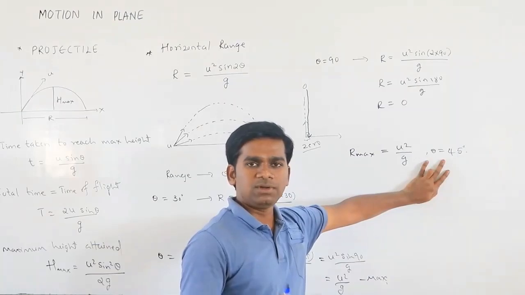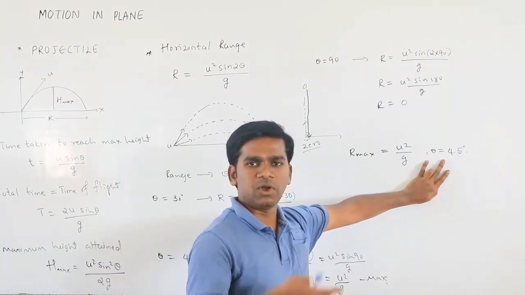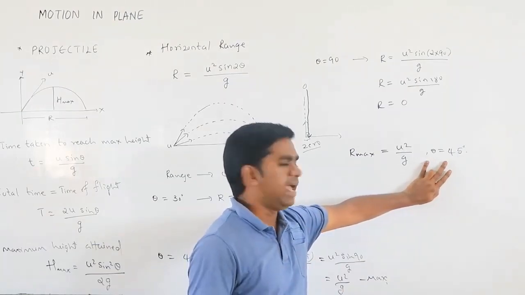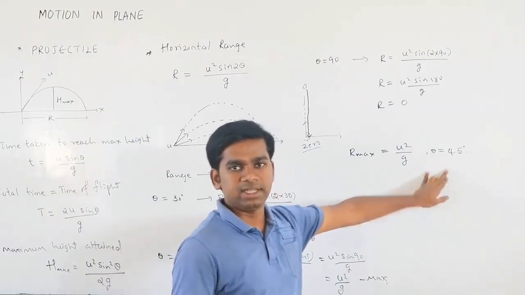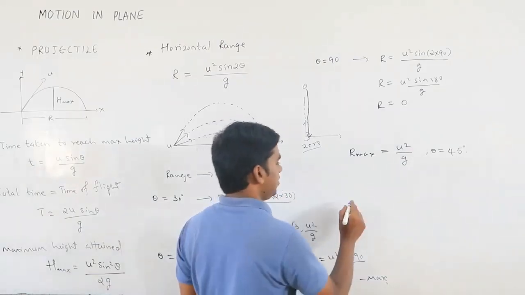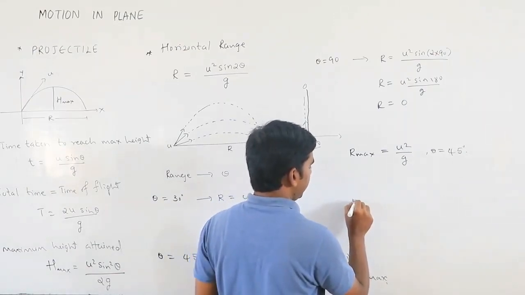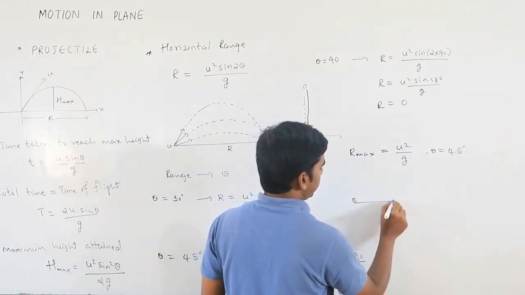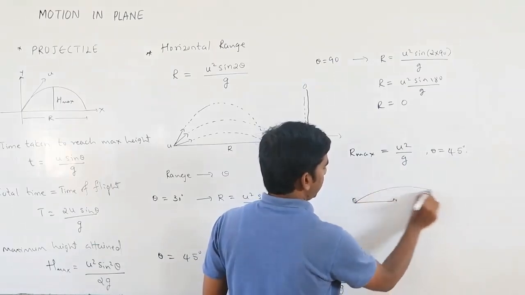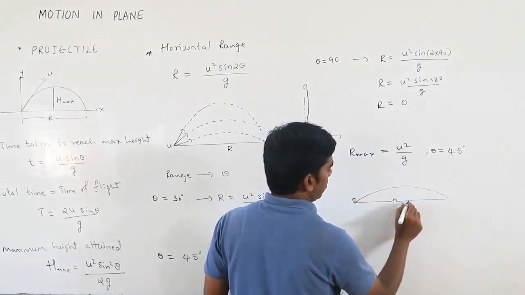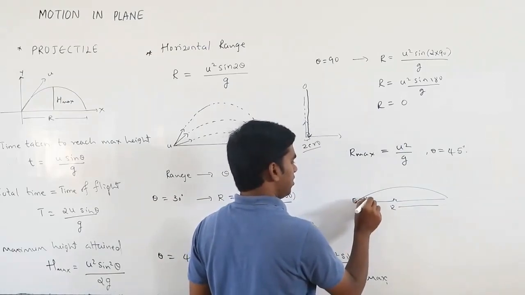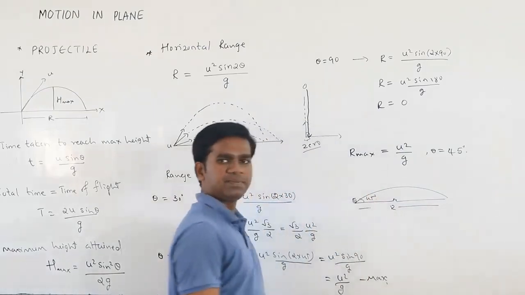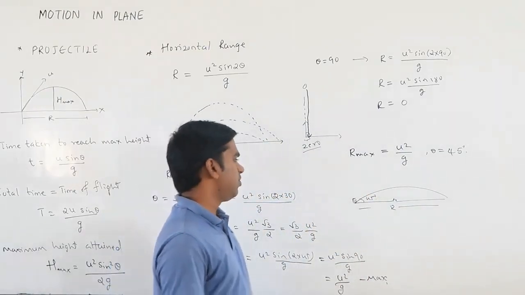If you want a ball to travel a longer distance, you have to give an angle nearly or equal to 45 degree. If the batsman gives a 45 degree angle, the ball can travel a longer distance. This is going to be the range. So the angle should be 45 degree.